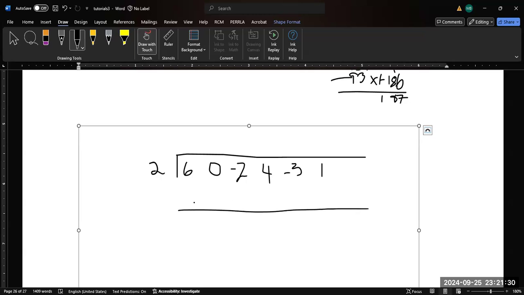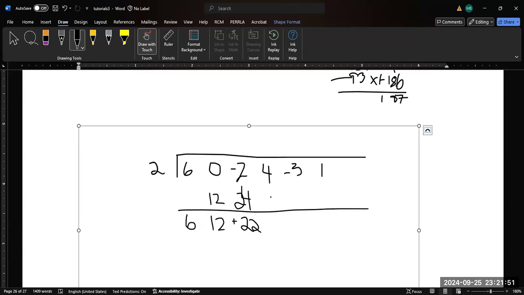And now we bring down the 6, and then we multiply and add, and then we multiply and add. Nope, that's a positive.